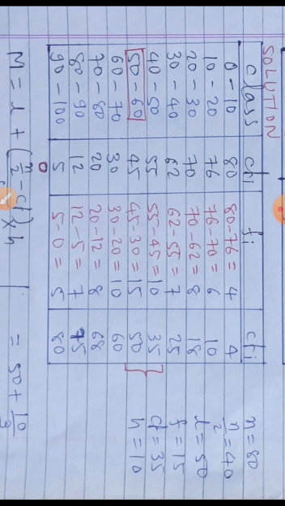So that is found again by adding frequencies turn by turn. First of all 4, then 4 plus 6 is 10, then 10 plus 8 is 18, then 18 plus 7 is 25, 25 plus 10 is 35, 35 plus 15 is 50, 50 plus 10 is 60, 60 plus 8 is 68, 68 plus 7 is 75, and 75 plus 5 is 80.